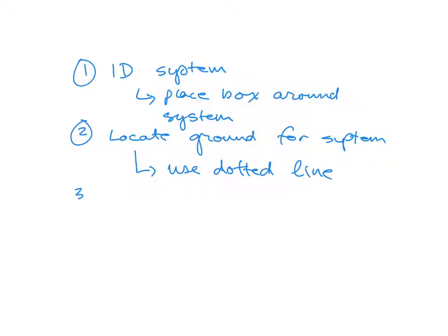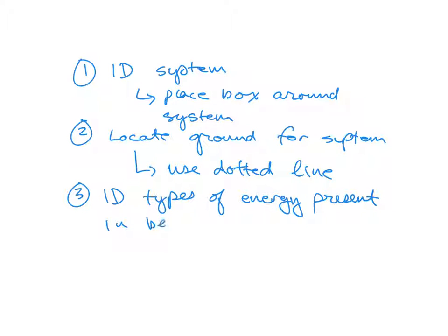Okay, and then usually all of these situations, they're going to have a before and an after. So we just identify the types of energy in the before, and identify. We have to evaluate if energy enters or leaves.